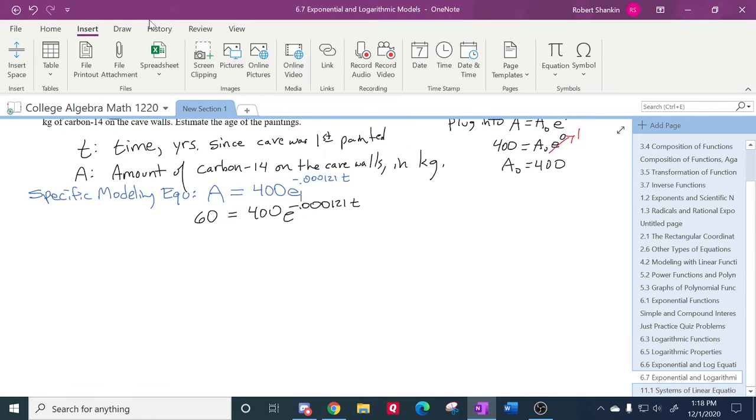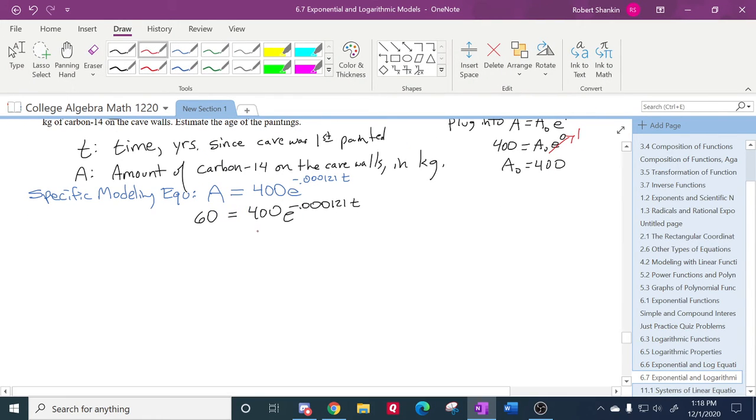So I'm going to divide both sides by 400. And turn that equation around. 60 divided by 400, I'll do my calculator. 0.15. So then I'm going to take the ln of both sides, because the variable is in the nasty position of being in the exponent.